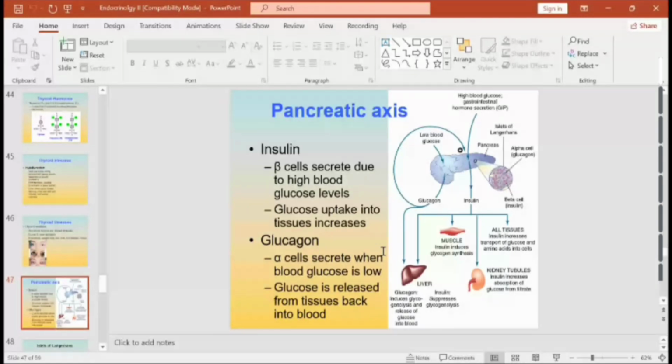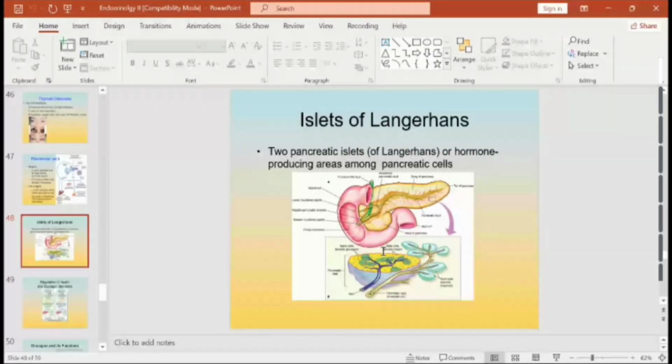On the other side, if after several hours the glucose level starts to go down in the blood, the beta cells will stop secreting insulin, and the alpha cells will take over and secrete glucagon, which will increase the sugar level through other mechanisms. When we review the process of metabolism as a function of the liver, we'll go into detail on how this occurs, but it was worth mentioning as an endocrine gland.